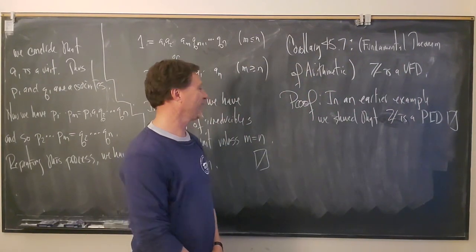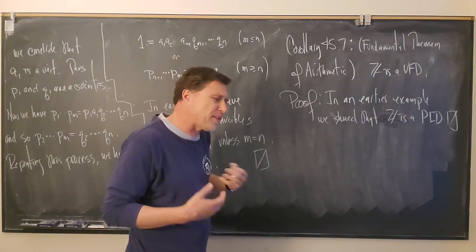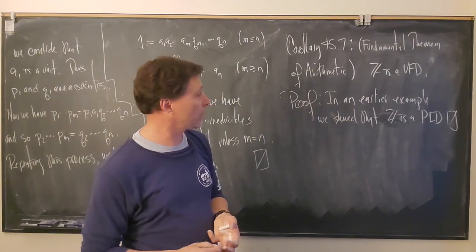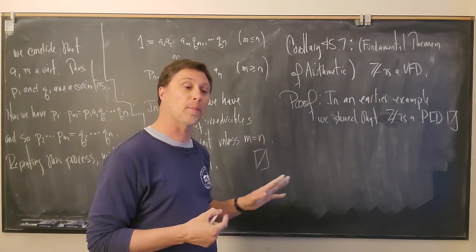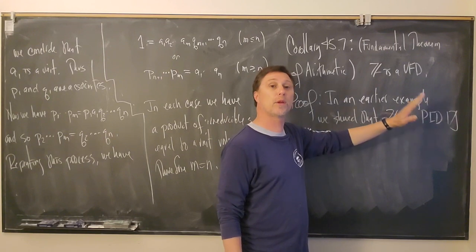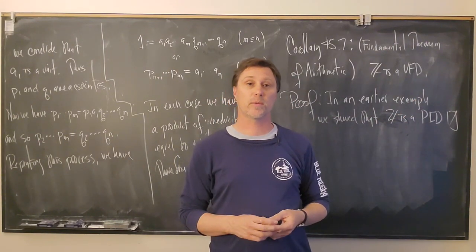Well, that's kind of exciting, right? I think you've been told, maybe in number theory, I don't know what people do in number theory, but maybe you prove that in number theory. But here, we have a nice proof. It took a lot of machinery to build it up, but now there's essentially nothing to do, right? We know that Z is a principal ideal domain, and we know that every principal ideal domain is a UFD, a unique factorization domain. Okay.